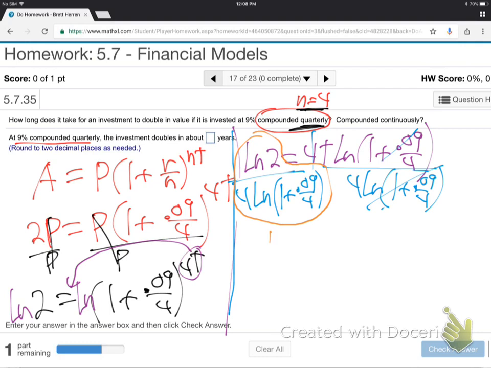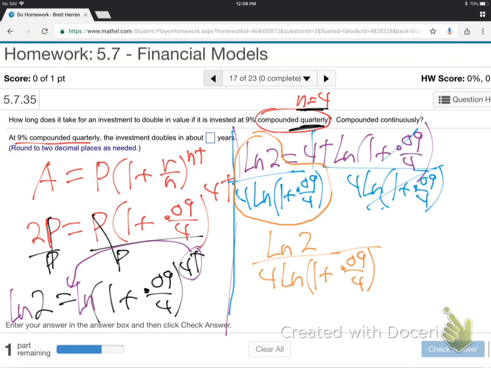This is my answer right here. When you type that in, let me rewrite it a little cleaner: ln 2 over 4 ln 1 plus 0.09 over 4. When you type that into your calculator, what do you got to remember to do? Yeah, parentheses on the denominator. Or you could just start with the denominator and at the very end go ln 2 divided by answer. You won't have to worry about parentheses.